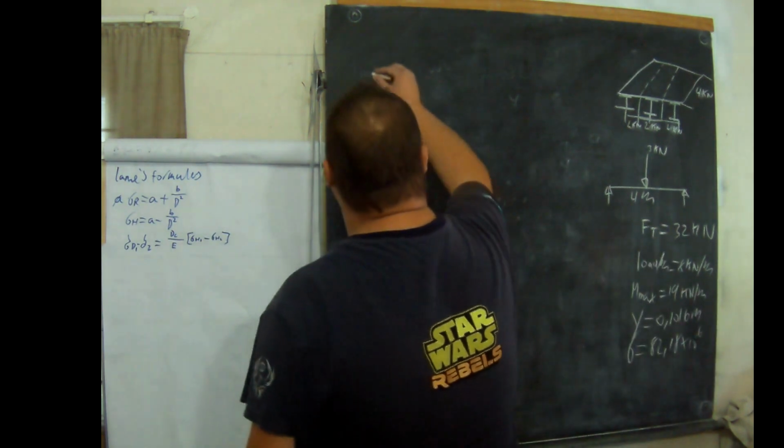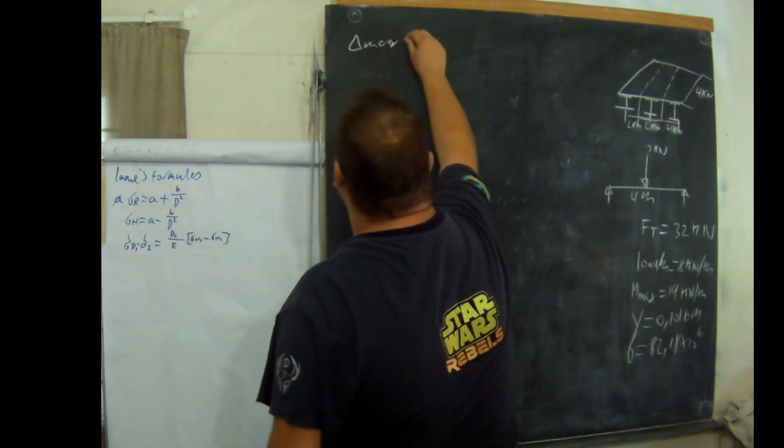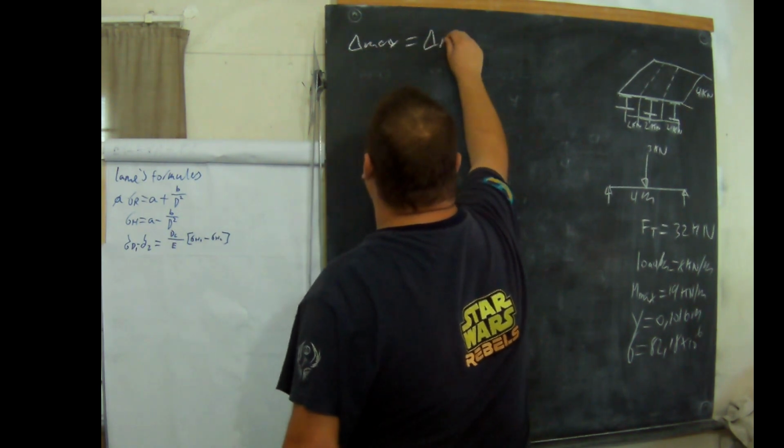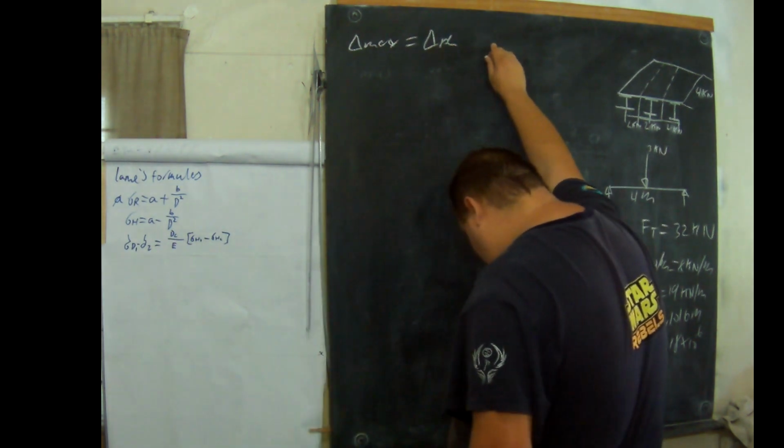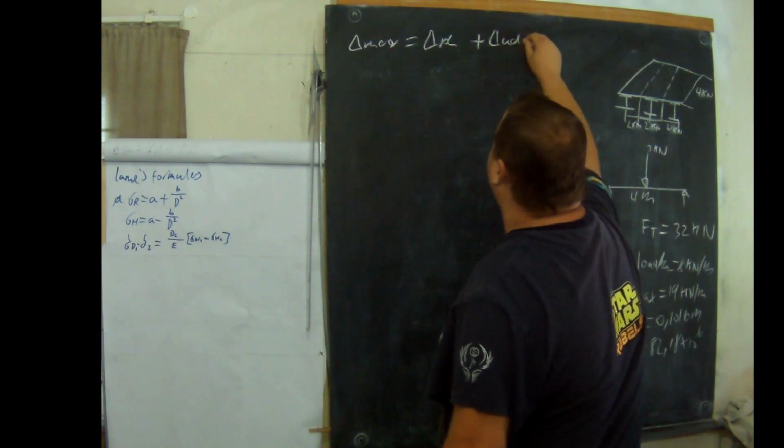Now, our max deflection is equal to our point load plus our UDL.